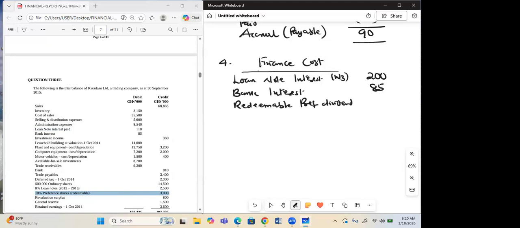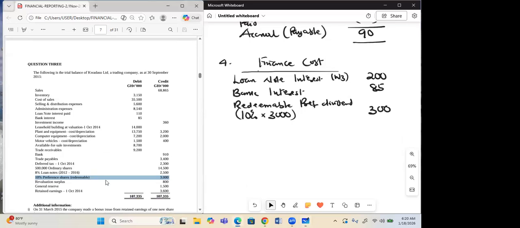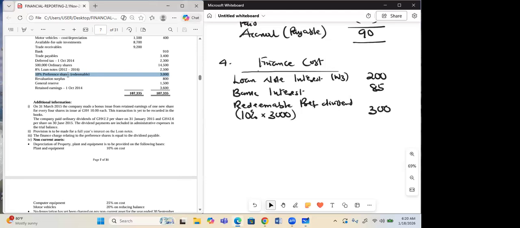And it's 10% of what? 3,000, right? So the capital is 3,000, the interest is 10%, giving us 300, right? Yes, 300. So that's all the interest we have charged. We're finished. Go to the next footnote. All right, note 4.